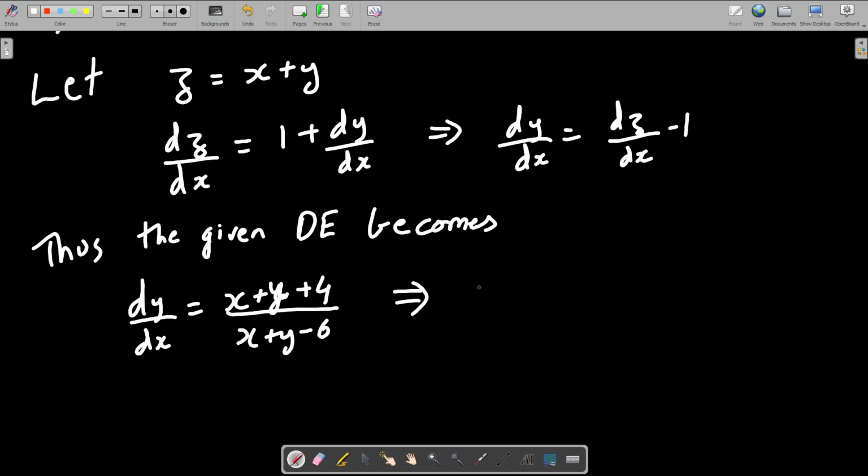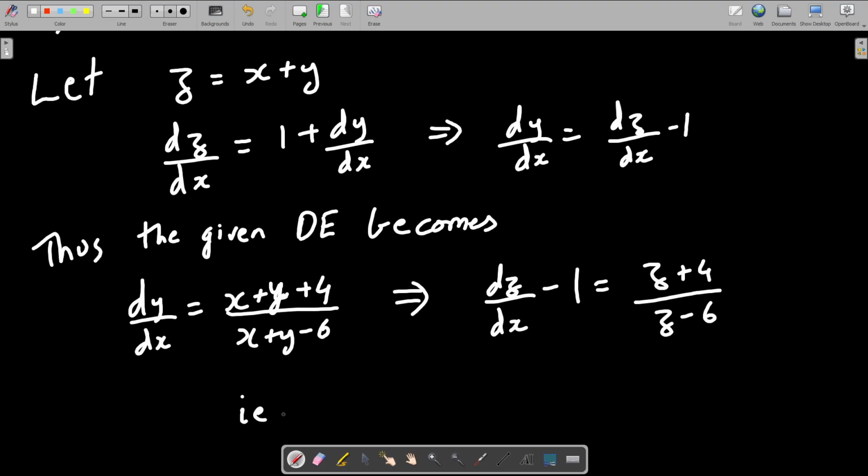This will become dz by dx minus 1 equals z plus 4 upon z minus 6. Okay, you can still simplify this, that is dz by dx, take that 1 on the other side, so this will become z plus 4 upon z minus 6 plus 1.